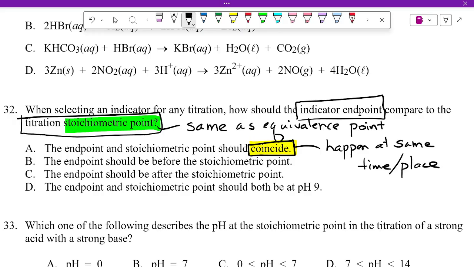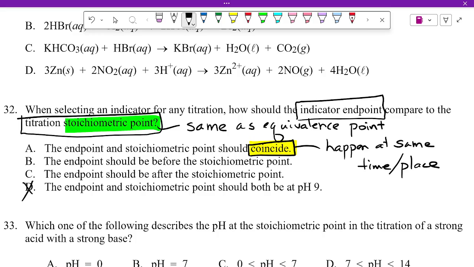So do we want the endpoint to happen at the same time as the stoichiometric point, before it, after it, or do we want them both to be at pH 9? They should coincide. They should be at the same point. The last one just seems really random. Why should they both be at pH 9? That's just kind of random.